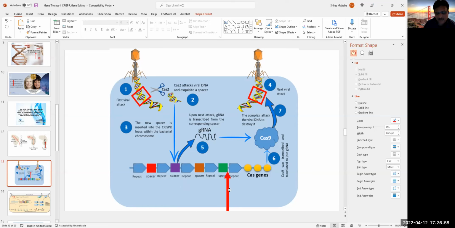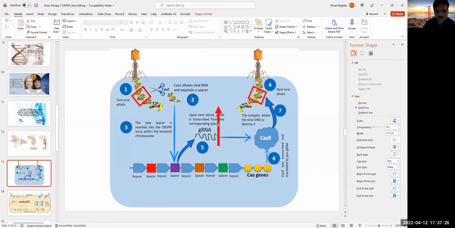So this becomes part of the permanent bacterial chromosome, right? And then this will make RNA. This RNA will serve as a probe, just like a searchlight. And if it gets infected a second time with the same bacteriophage, this RNA and the phage DNA will form a heteroduplex. But before that, this RNA will work with Cas9 to destroy it.